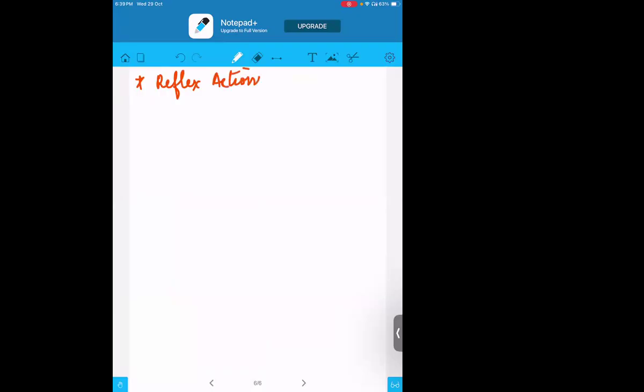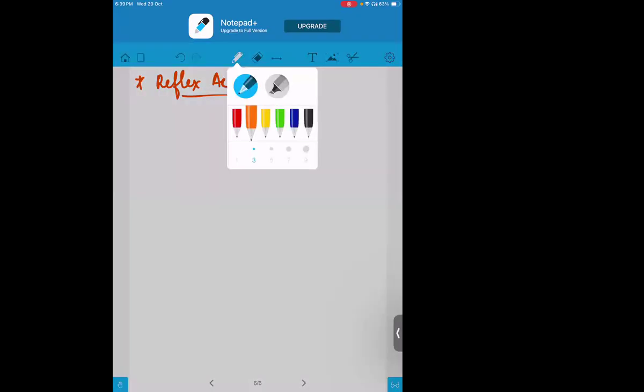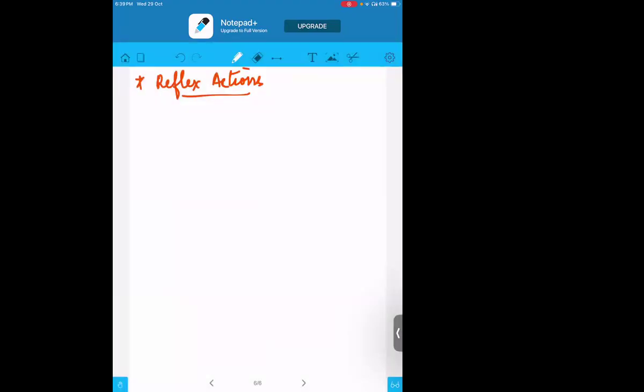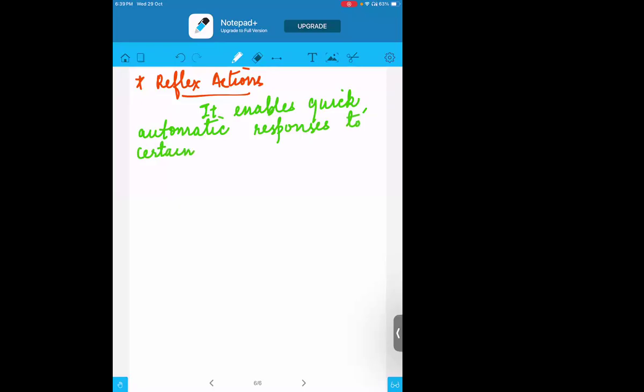For the reflex action, it is important. Now, reflex action is basically done by the spinal cord, as I told you, in the response to stimulus. Any kind of reaction which is very fast and quick is called a reflex action. This reflex action enables quick automatic responses to certain stimuli.